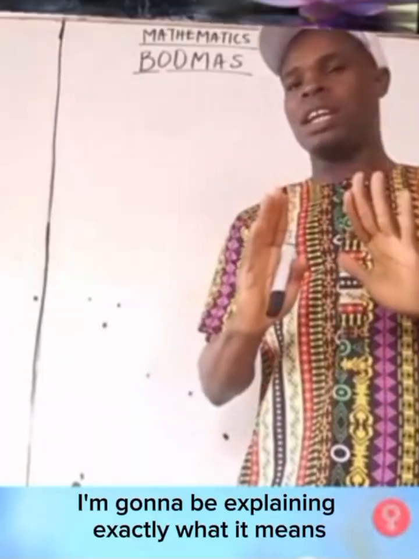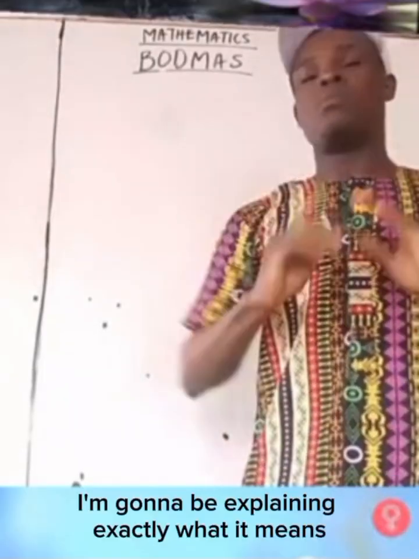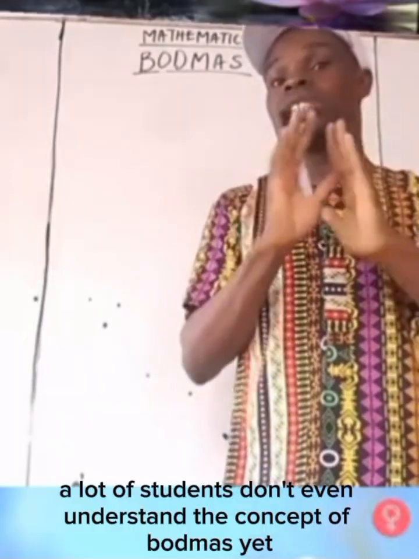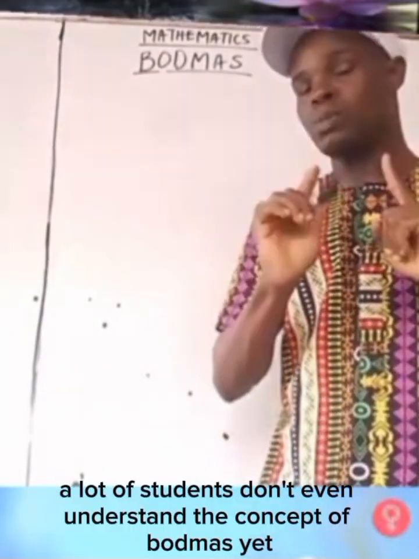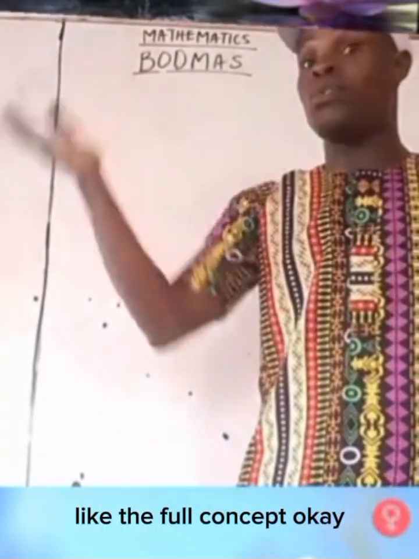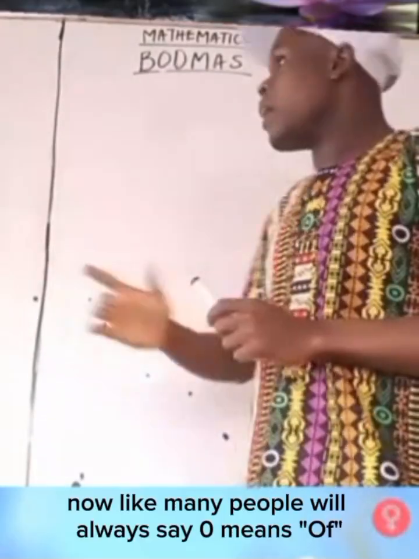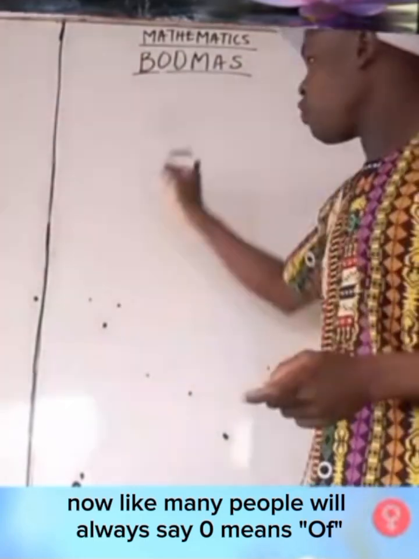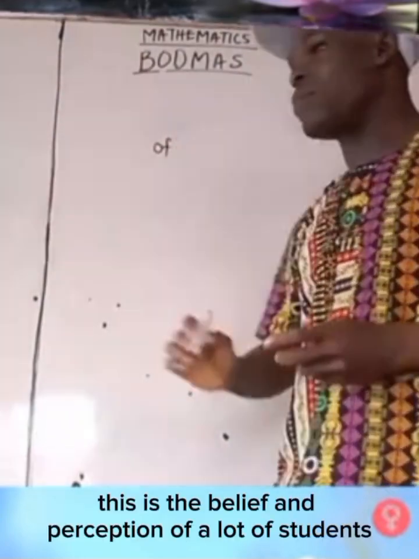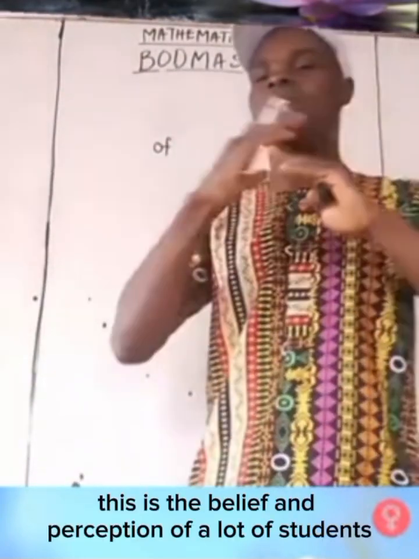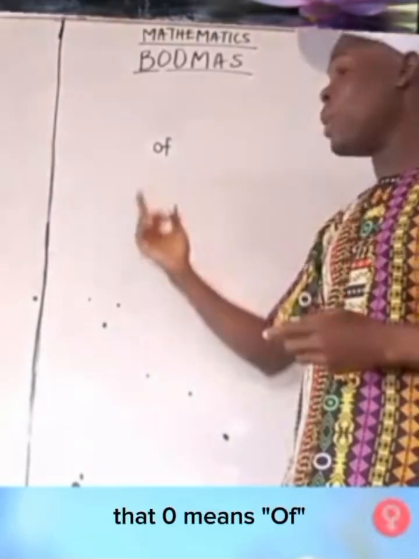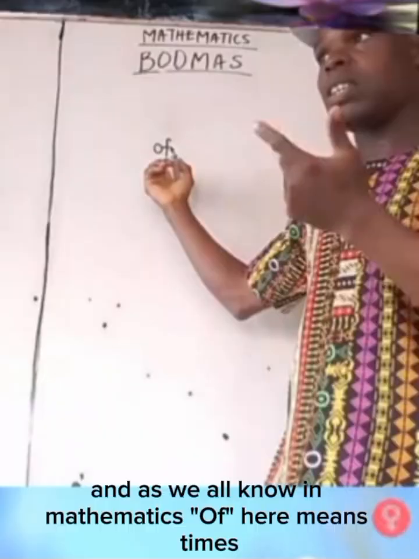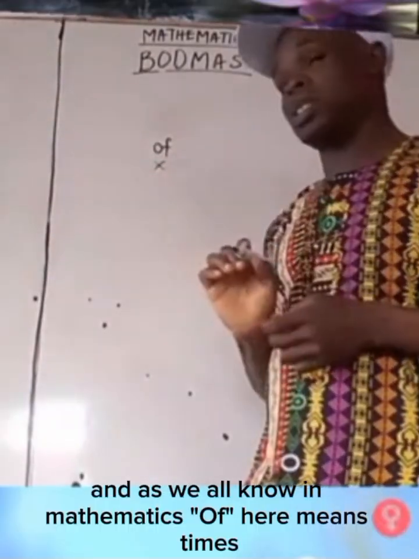I'm going to be explaining exactly what it means because from what I've seen so far, a lot of students don't even understand the full concept of BODMAS yet. Like many people always say, O means off. This is the belief and perception of a lot of students. And as we all know, in mathematics, off here means times.